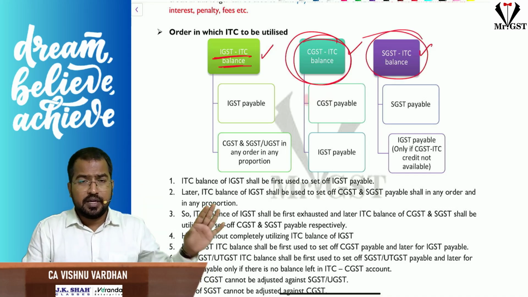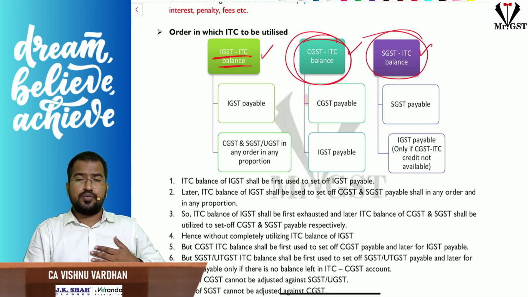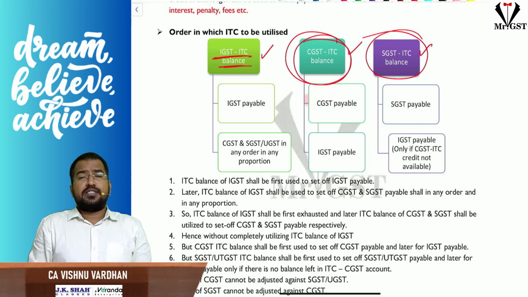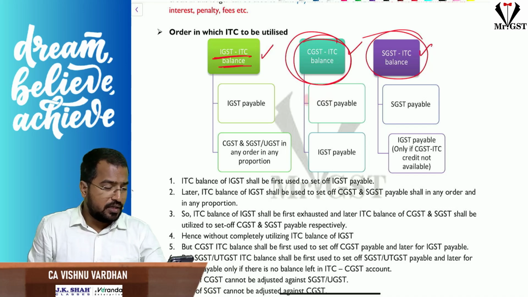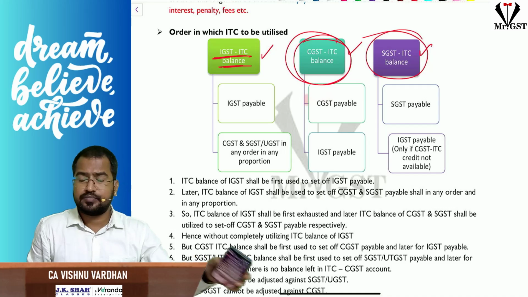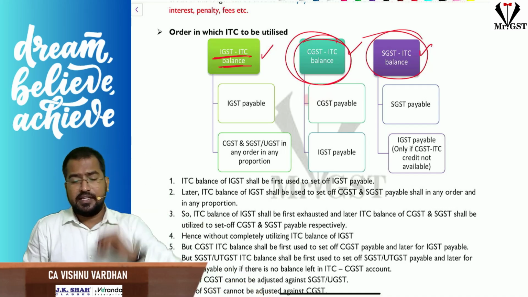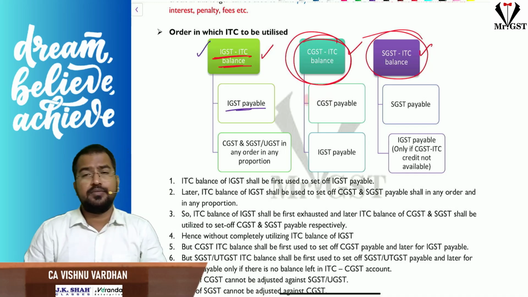Unless you finish the IGST ITC balance, you cannot touch the other pockets, the CGST and SGST pockets. Am I clear, everybody? You cannot touch these pockets. So how do I make the IGST ITC balance zero? Simple, use it for IGST payable.